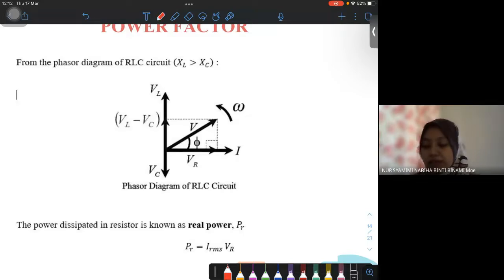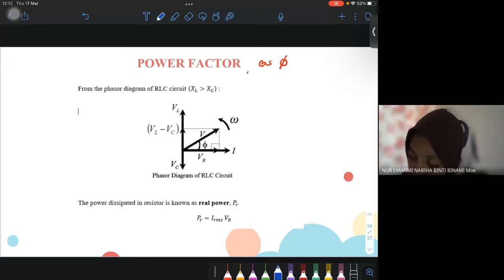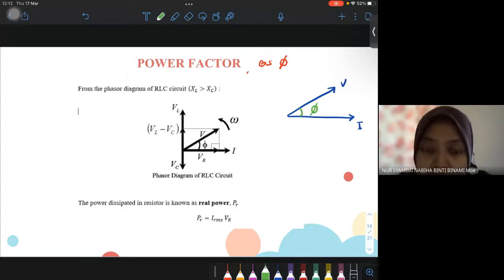The power factor's symbol is cos phi. So from this phasor diagram, I know this is my I and this is my V, and I have the phase angle here. So cos phi is the power factor.